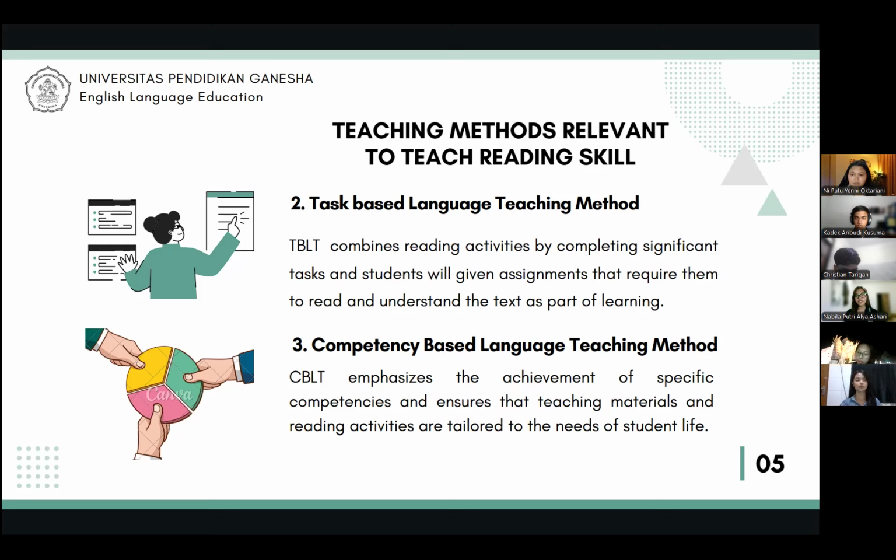In this method, it also ensures that the teaching materials and the reading activities given are according to the students' needs or their real-life context, so that learning becomes more relevant and applicable. On the other hand, CBLT also encourages the development of critical and analytical thinking skill in reading because students are trained to use the information in the text in real decision making.